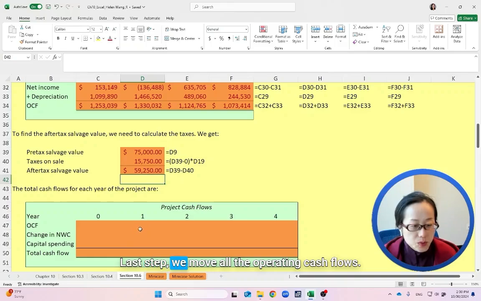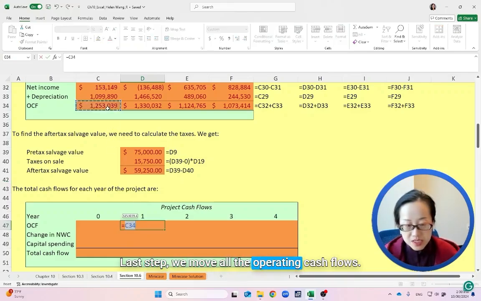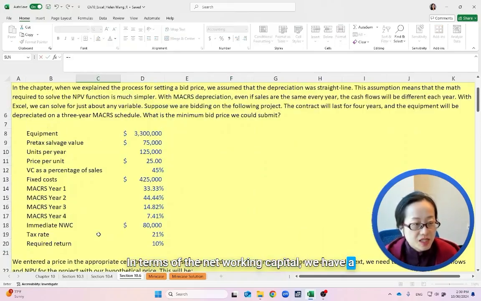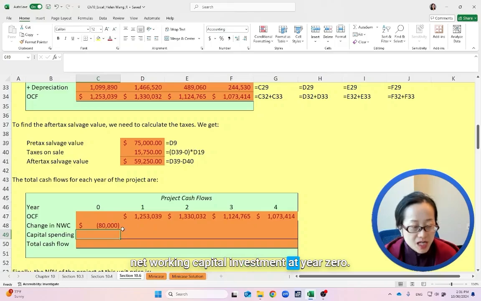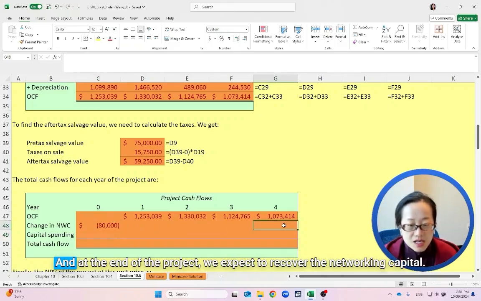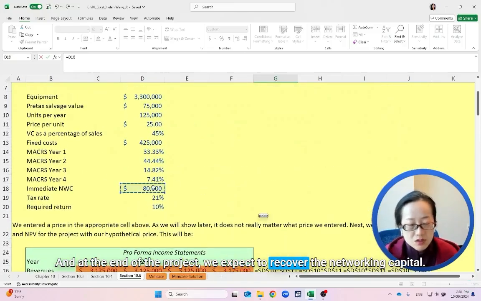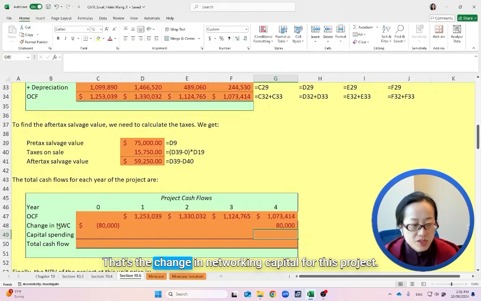Last step, we move in all the operating cash flows and then fill in all the investments. In terms of the net working capital, we have a net working capital investment at year 0. And at the end of the project, we expect to recover the net working capital. That's the change in net working capital for this project.